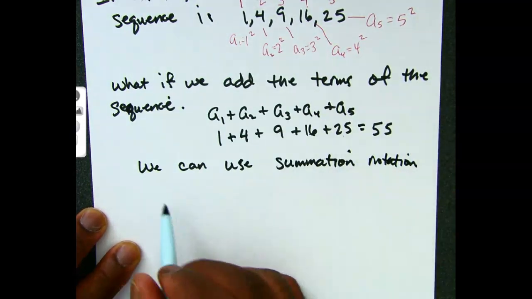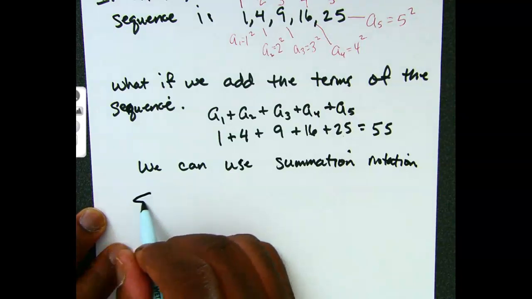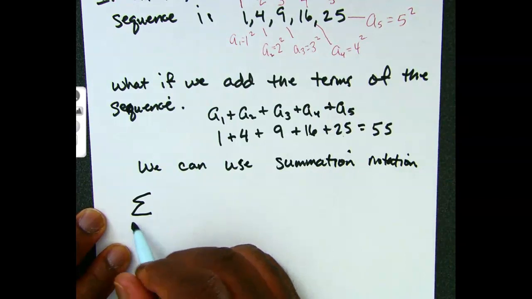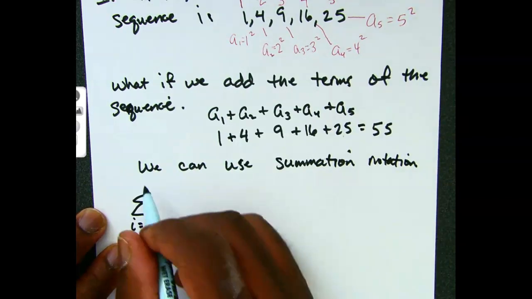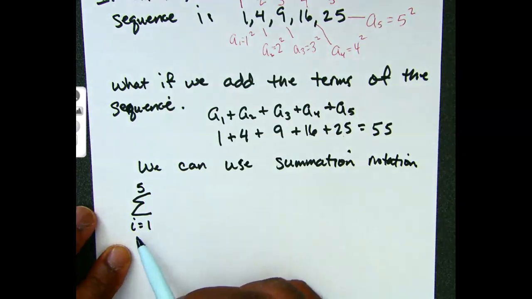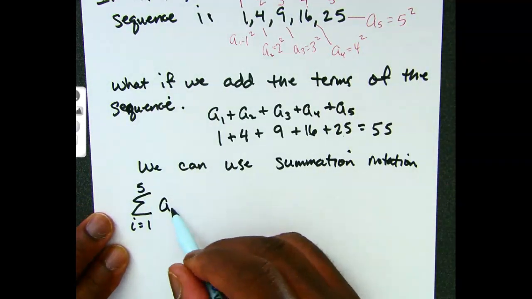And the symbol we use is the capital Greek letter sigma. And we can say, let's say, i equals 1 to 5. So our index is i. 1 is our lower limit. 5 is our upper limit. And then a sub i.